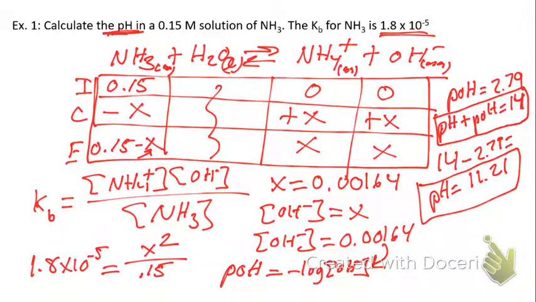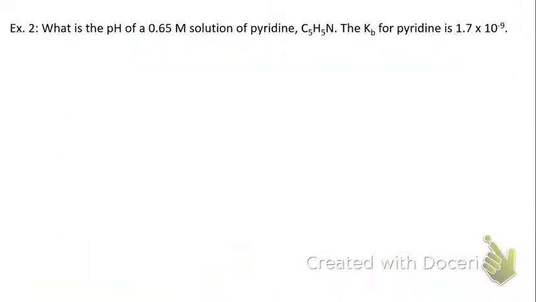Let's do one more example problem. We have pyridine. Pyridines make great weak bases. It has a nitrogen with a lone pair on it, so that lone pair easily can accept a hydrogen or another proton. Again, we want to find the pH. We're given the Kb value, so let's put an equation out here.